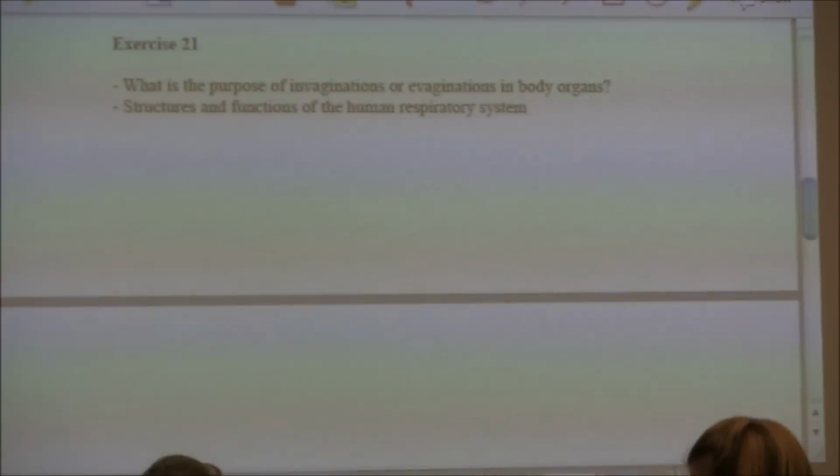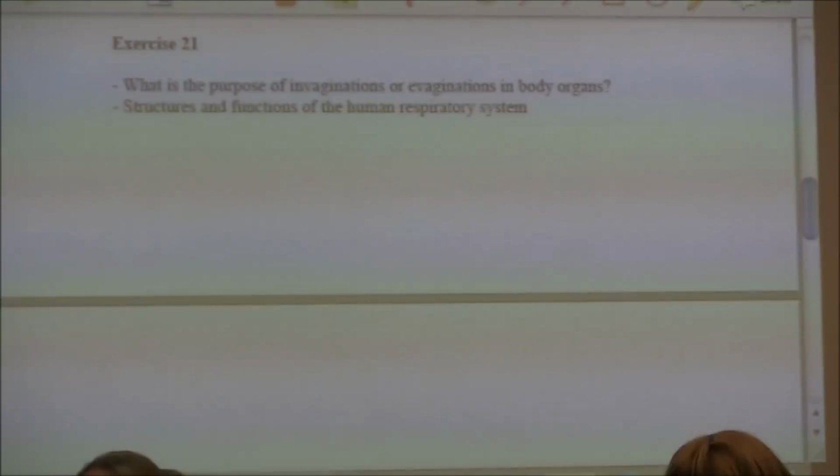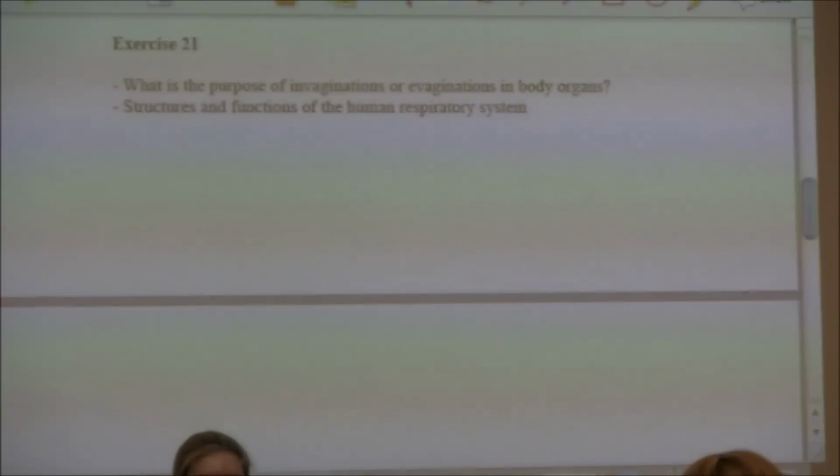Not all the way through. Figure 21-2 gives you the structures. It's a picture with the structures. And then question 3 in the lab report gives you their functions. So it's a combination of those two. Okay? Does that make sense, guys?